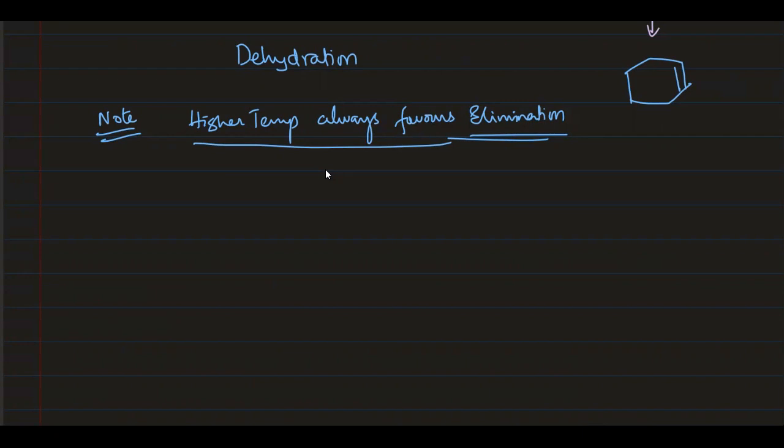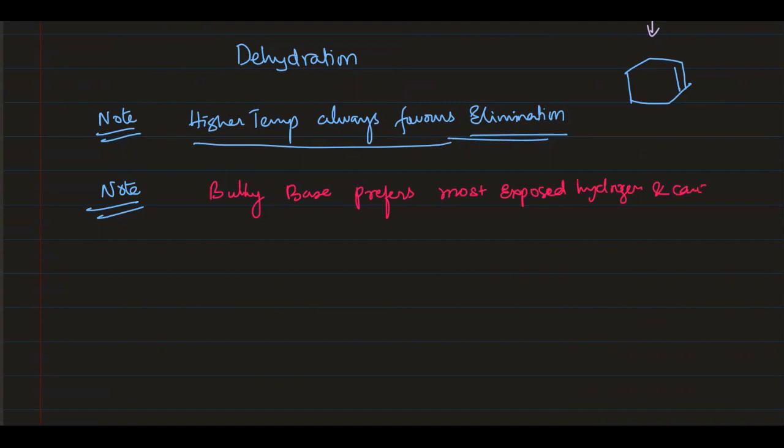Okay, so one last note. This is again a note because I don't want to discuss it in detail now. As we go ahead, we will be encountering it. When we have a bulky base, it prefers the most exposed hydrogen and causes Hoffman elimination.